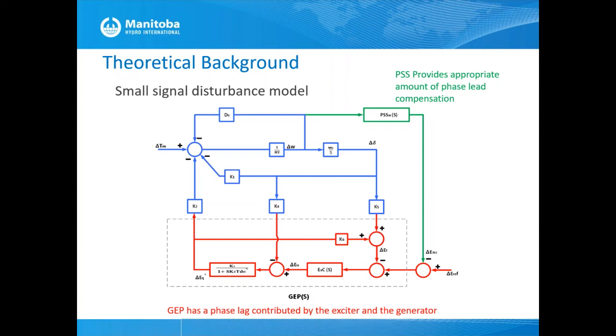Plus damping, I think we should talk about the synchronizing component and the damping component of torque. If we have a proper damping torque component, but you don't have a synchronizing torque component in the machine, what will happen is that at the first swing, the machine might lose synchronism.